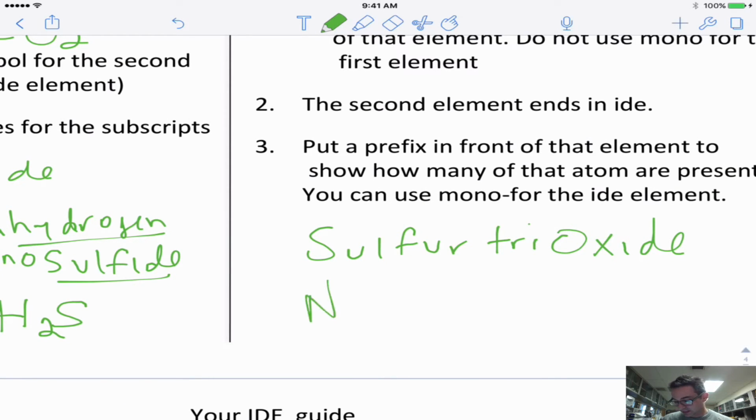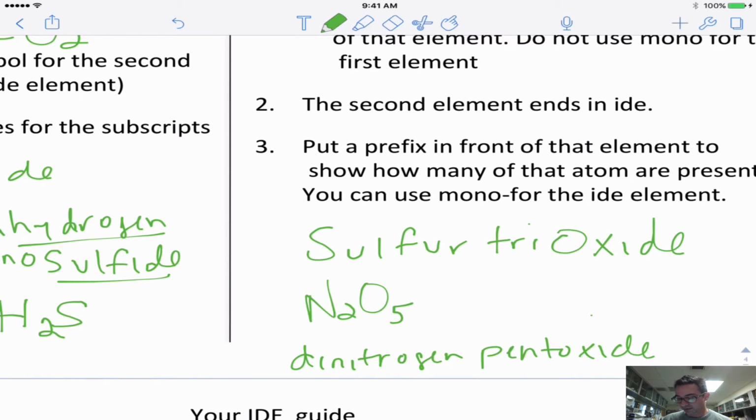Let's say I had something like N2O5. So this would be dinitrogen, and then after that pentoxide. So here we have dinitrogen pentoxide. So dinitrogen, nitrogen, O, oxide, 2, dinitrogen, 5, pentoxide. Notice a little nuance here. I drop the A from penta when I have 2 vowels next to it.